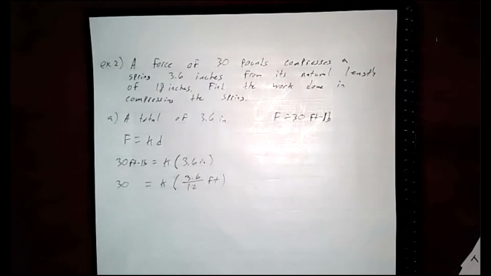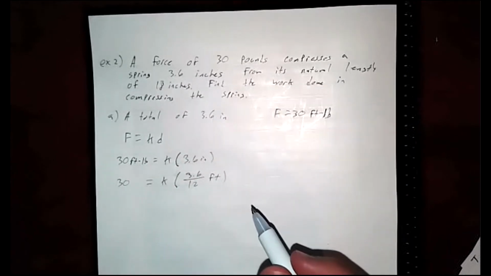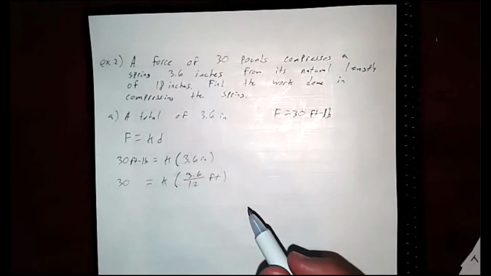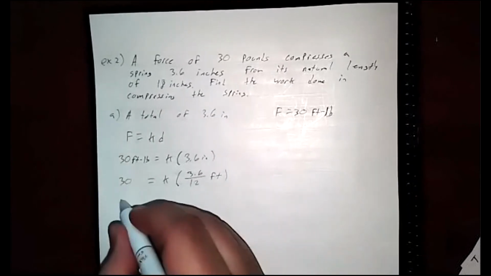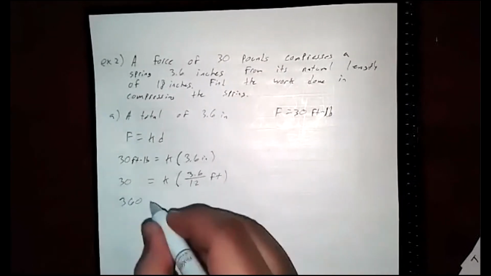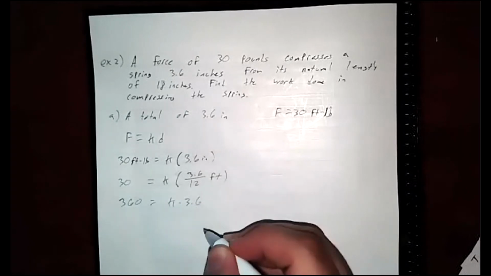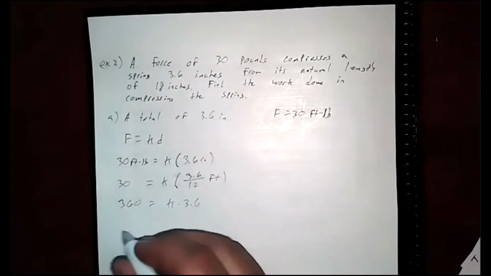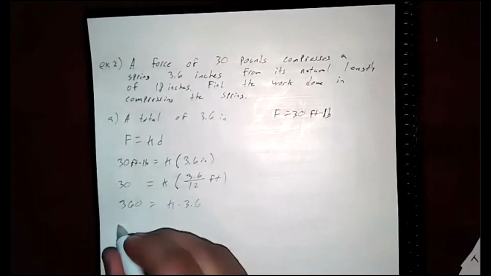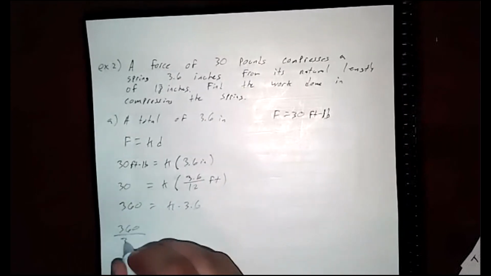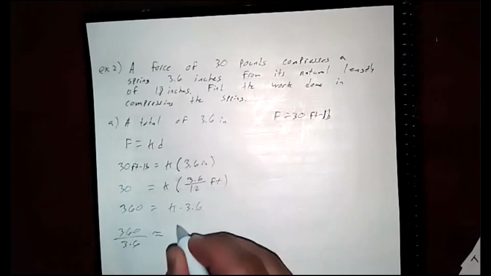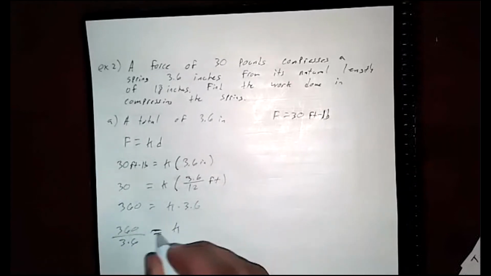So we solve for K. I'm going to go ahead and solve for K here, multiplying by 12 both sides. That'll give us 360 equal to K times 3.6. So K would be 360 over 3.6, approximately, still equal.